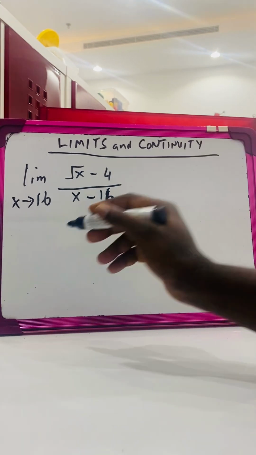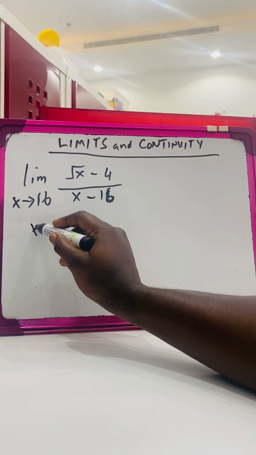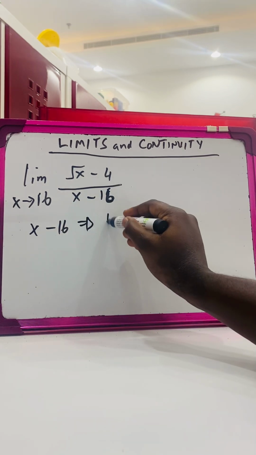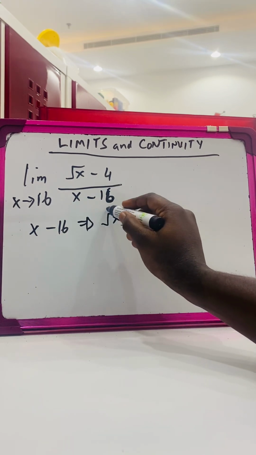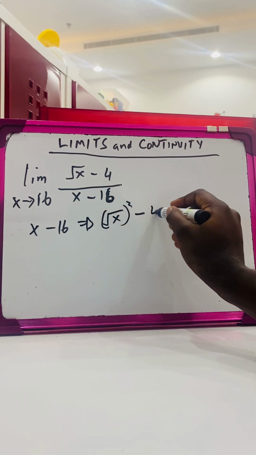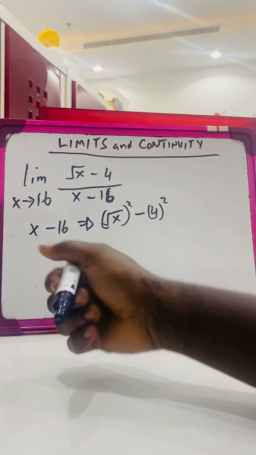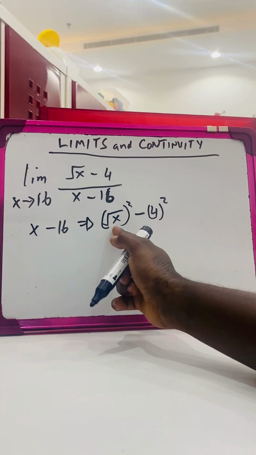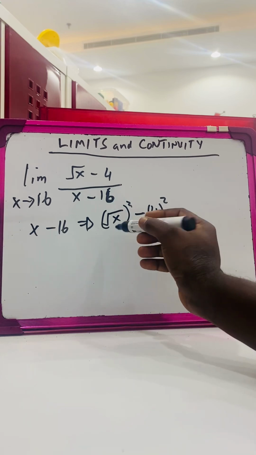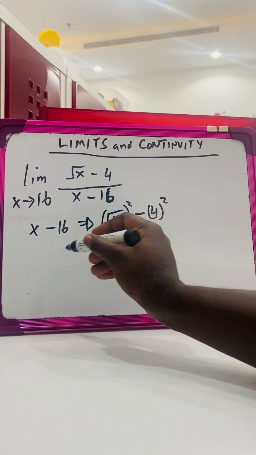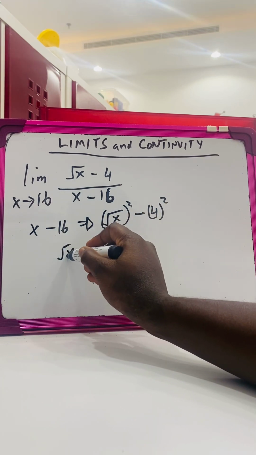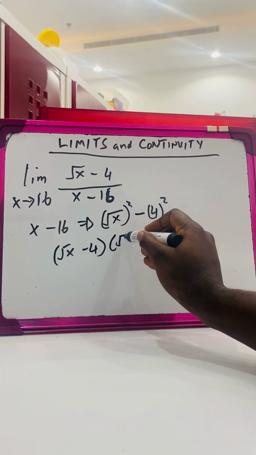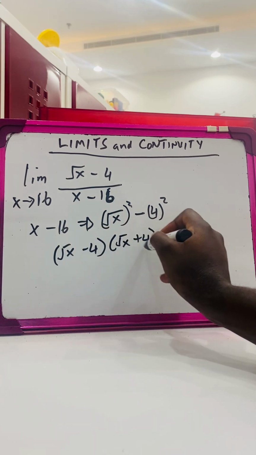Right away, I can see that x take 16 could be written as square root of x squared take 4 squared. So this again looks like a difference of two squares. If I want to expand this, I will have square root of x minus 4 and again square root of x plus 4.